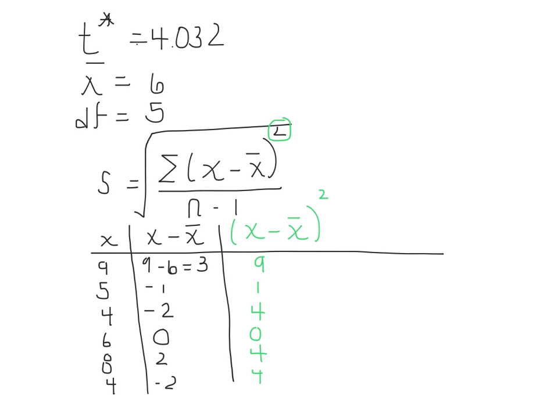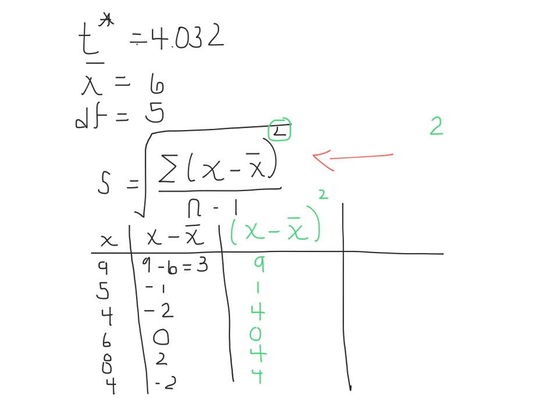So now the formula says take all of those deviations from the mean squared and add them up. So what I have to do is take all of the numbers that I have there in green and add them up. The sum of all those deviations squared is 22.